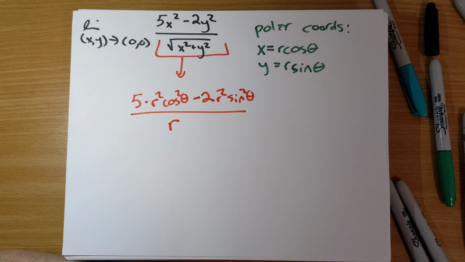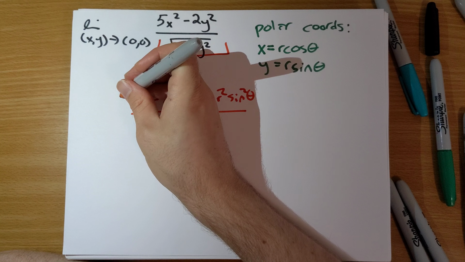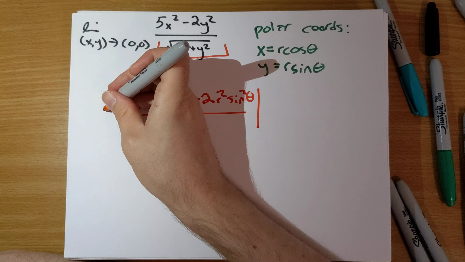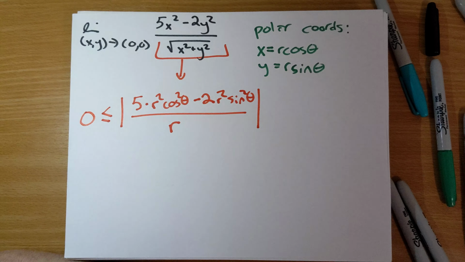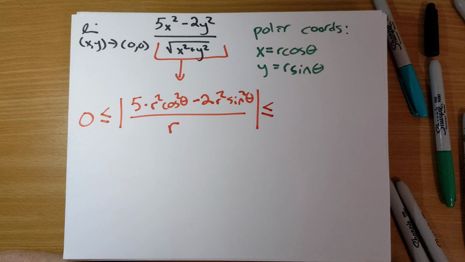We should recognize that that's going to be r. Okay, let's see, what can we do here? So I'm going to put absolute value bars on the whole thing. So we know that this is going to be non-negative.